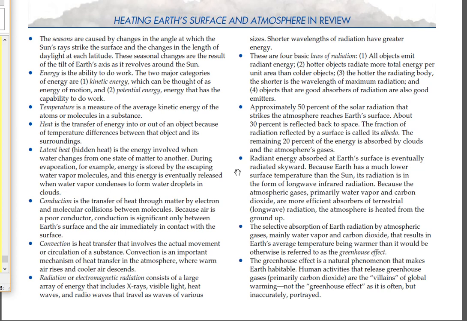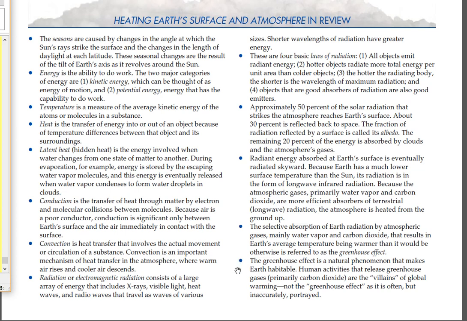Because the atmospheric gases, primarily water vapor and carbon dioxide, are more efficient absorbers of terrestrial, long-wave radiation, the atmosphere is heated from the ground up. The selective absorption of Earth radiation by atmospheric gases, mainly water vapor and carbon dioxide, that results in Earth's average temperature being warmer than it would be otherwise is referred to as the greenhouse effect.